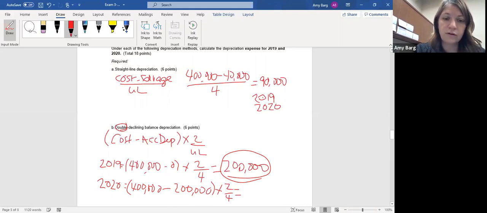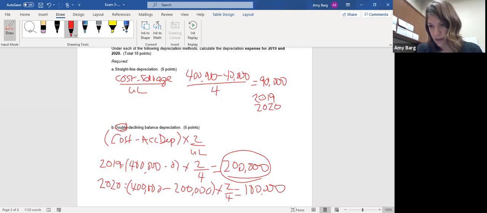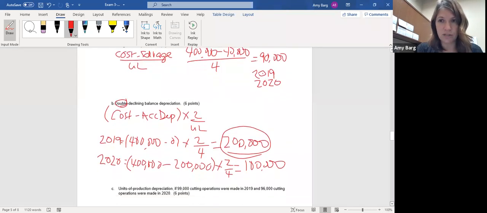But this time, 400 minus 200 is 200 times 2 over 4, or 1/2, is 100,000. So in 2019, the depreciation was 200,000, and in 2020, it is now 100,000. Are there any questions about that?